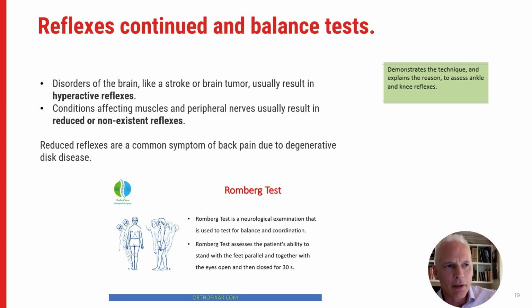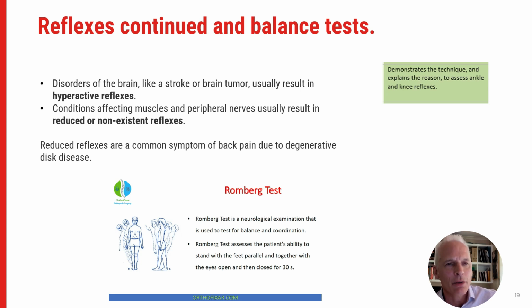So conditions affecting muscles and peripheral nerves usually result in reduced or non-existent reflexes. So that's the most important thing to remember when it comes to diabetes, because that's going to affect muscles and peripheral nerves. So reduced reflexes are a common symptom of back pain due to degenerative disc disease.